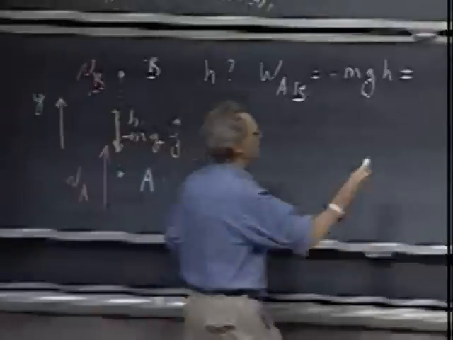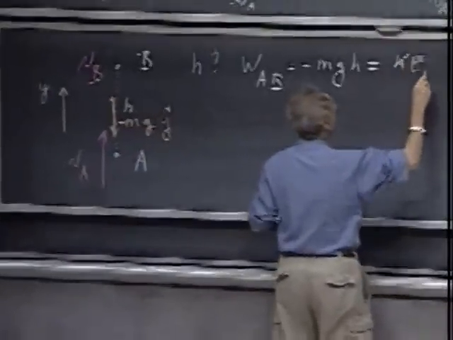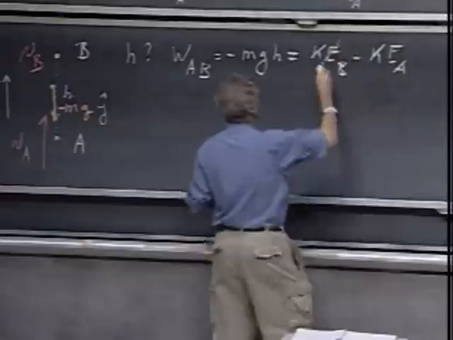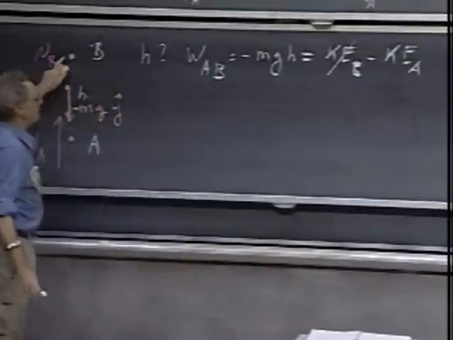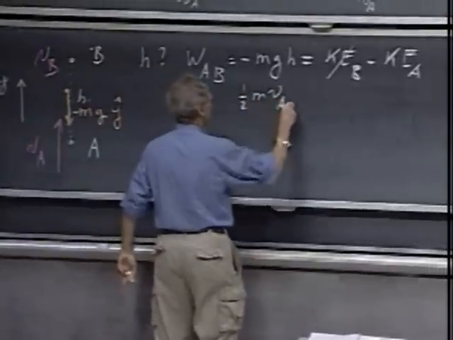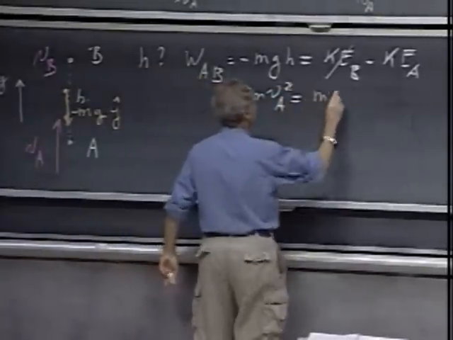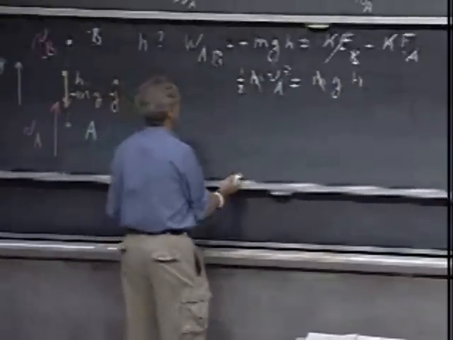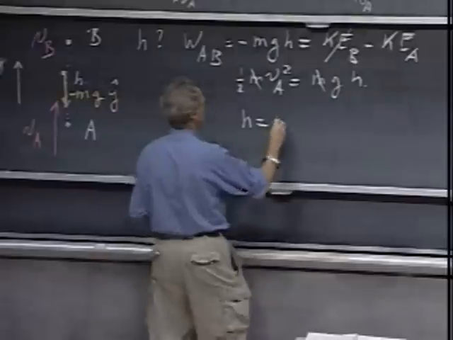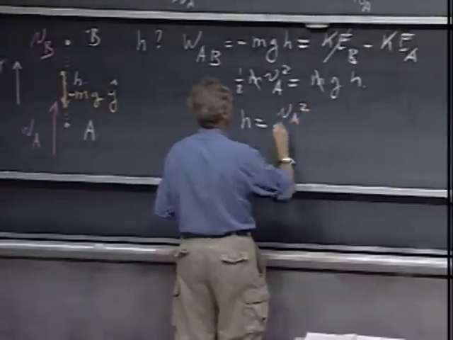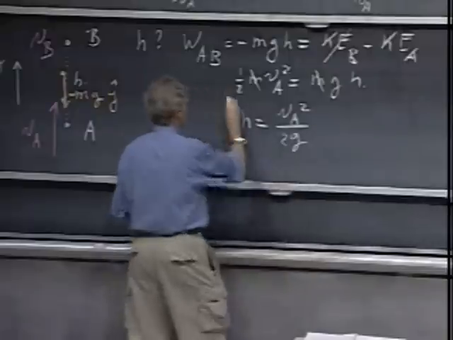That must be the kinetic energy at point B minus the kinetic energy at point A. This is 0 because it comes to a halt here. And so you find that 1/2 m VA squared equals mgh. m cancels, and so you'll find that the height that you reach equals VA squared divided by 2g.